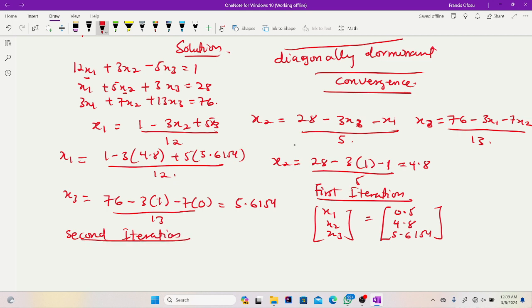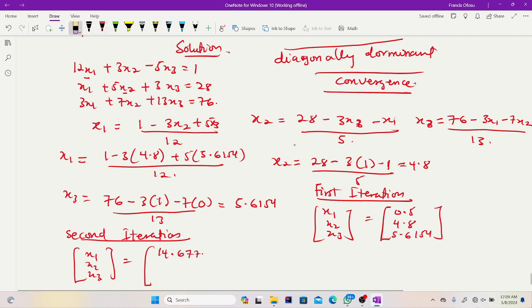For the second iteration, I'll have x1, x2, x3 equal to, from this equation, x1 as 14.667. Now what is x2? Let me clean the x2 entries and replace them with the current ones that we have.